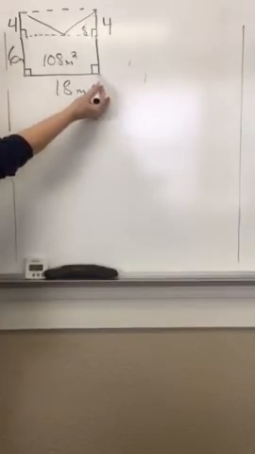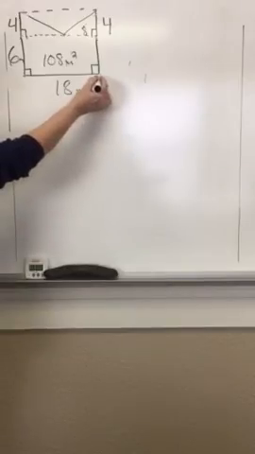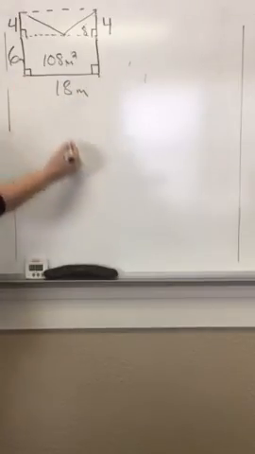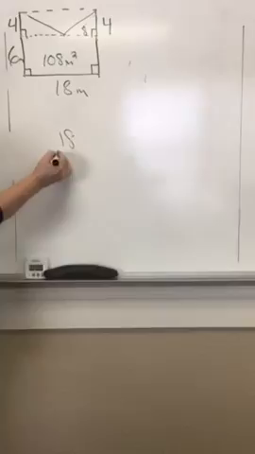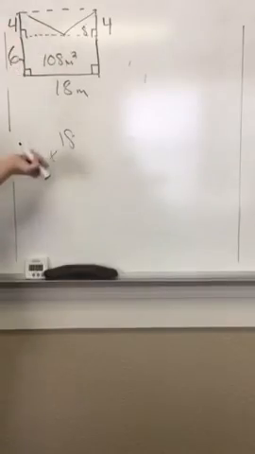Now, to get the area of the entire figure, all we have to do is multiply the base, which is 18, times how tall it is. Well, from here to here is 6, here to here is 4, so the entire height is 10.